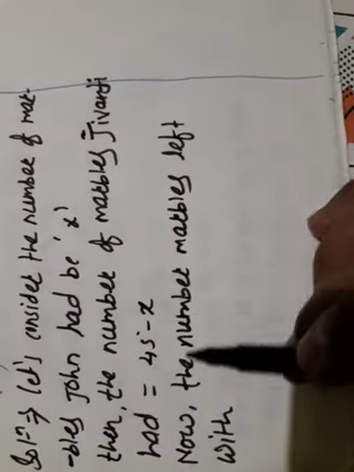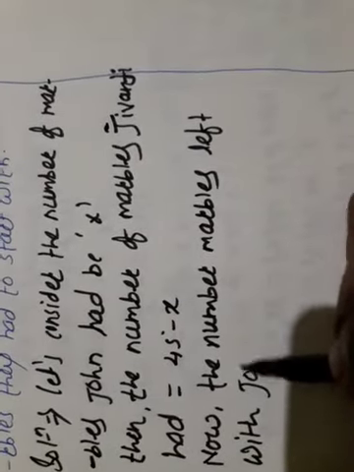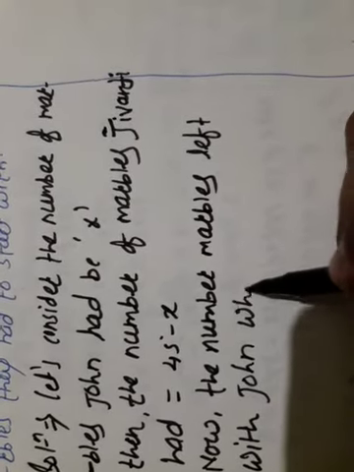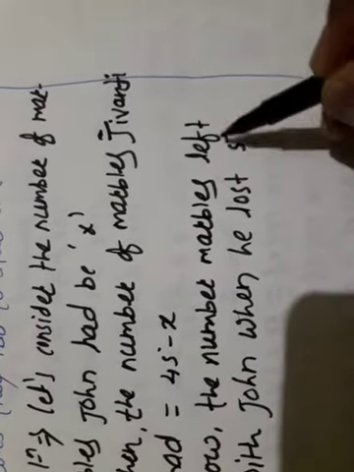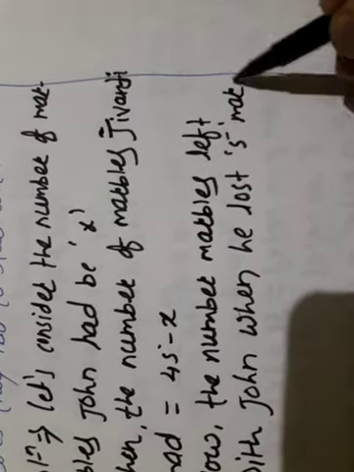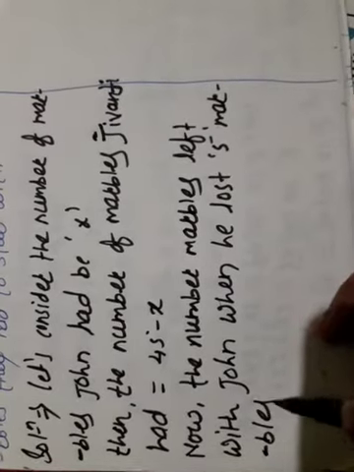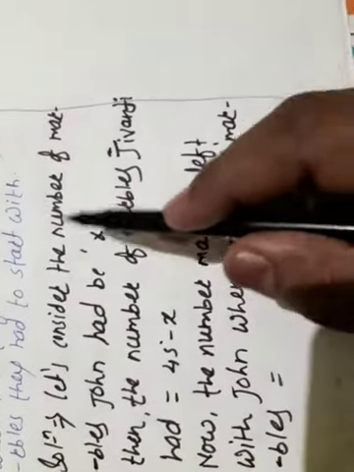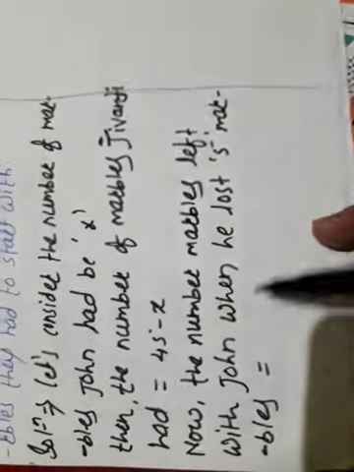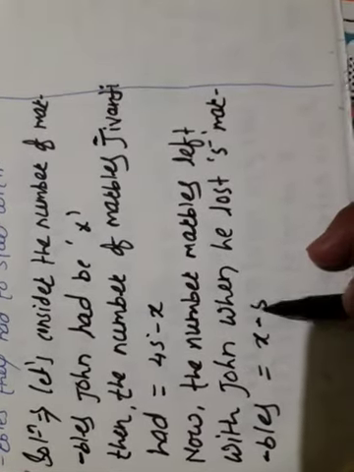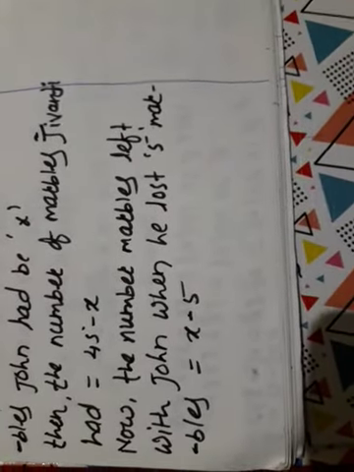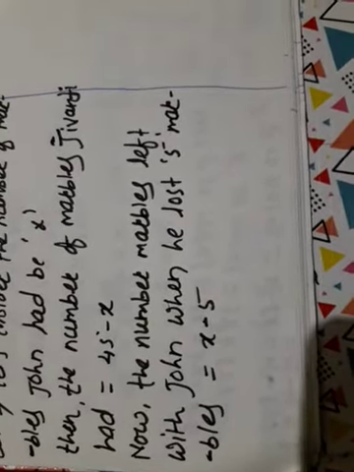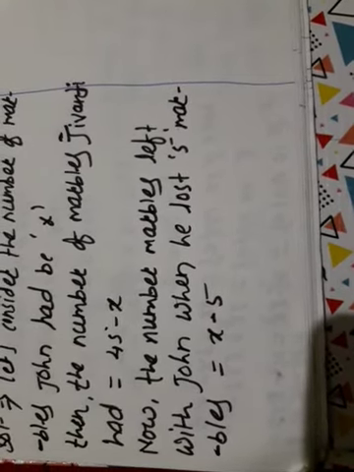The number of marbles left with John when he lost 5 marbles is equal to the total number of marbles John has, x, minus the 5 he lost, that means x minus 5. Then Jivanti's turn. The number of marbles left with Jivanti when she lost 5 marbles.